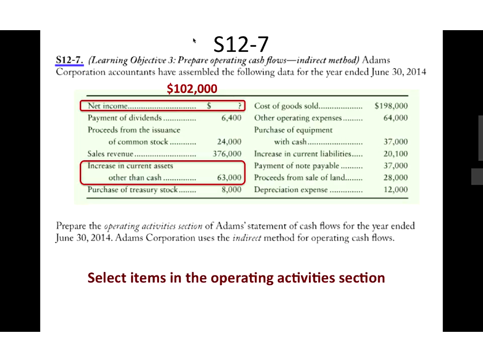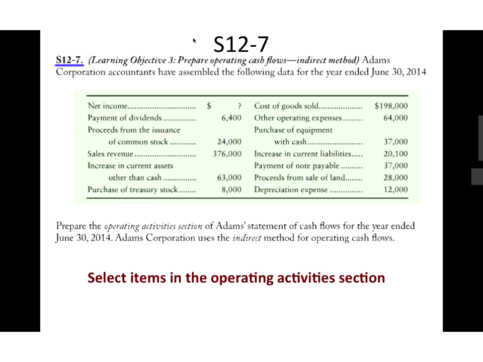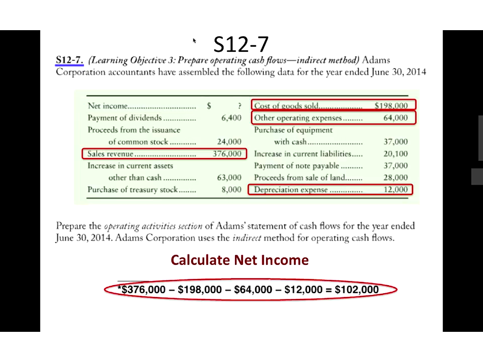So right now, all I'm doing is circling things in the table. Okay, let me go back. So I calculated net income. My next step is to assemble the statement. I can't assemble the statement on the screen because I don't have enough room.